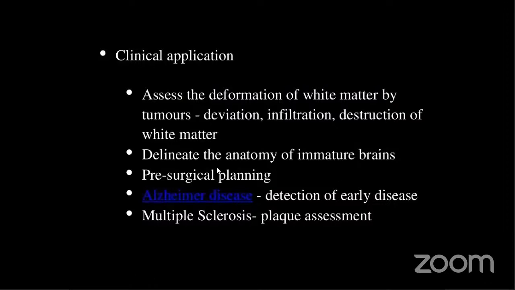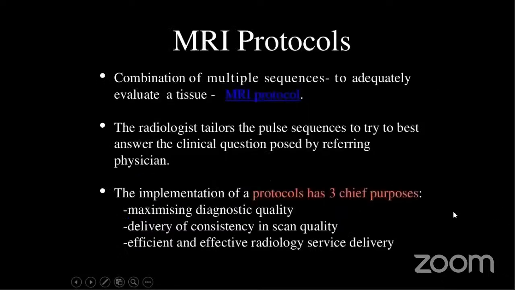Okay, what are the applications? It is used for white matter tracts or white matter tumors, and in children, for the immature brain, to delineate the anatomy and for pre-surgical planning. An important application is in Alzheimer's disease to detect early disease, and also in MS for plaque detection.